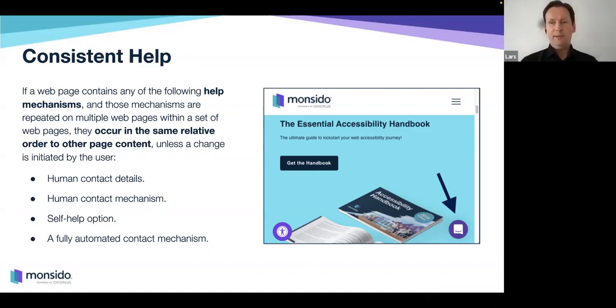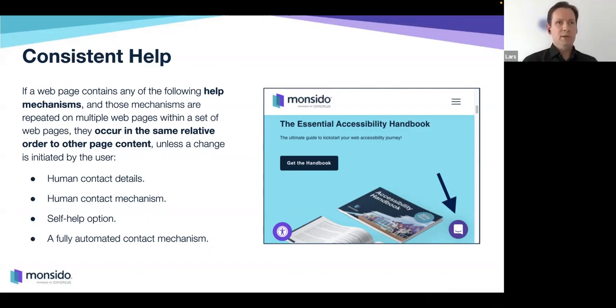And obviously this should help really everybody, so they don't have to figure out on a site-by-site basis where to look for your contact or help information. But specifically, it's important for people, again, who have, for example, cognitive limitations.